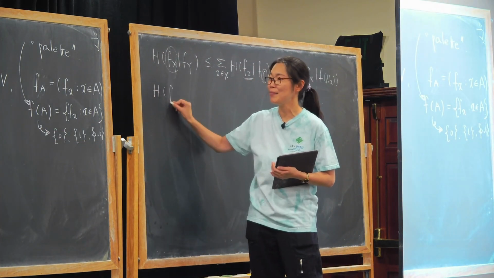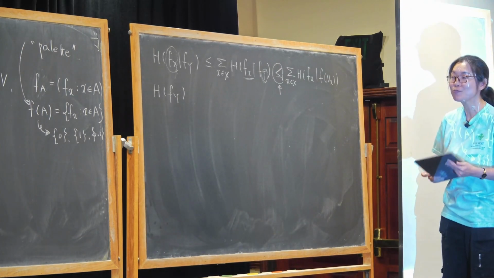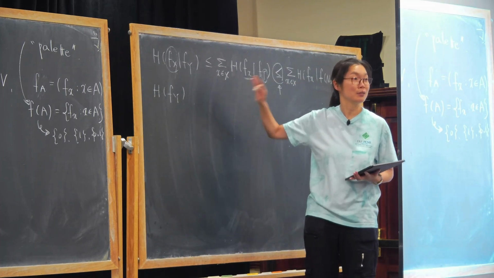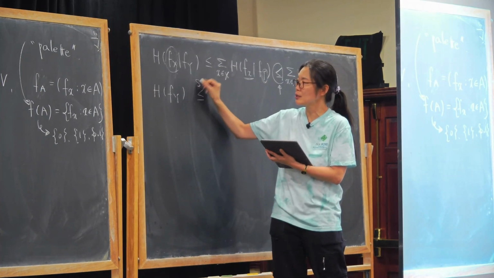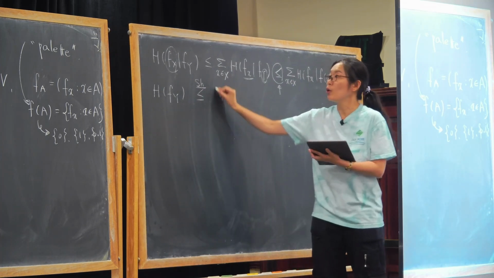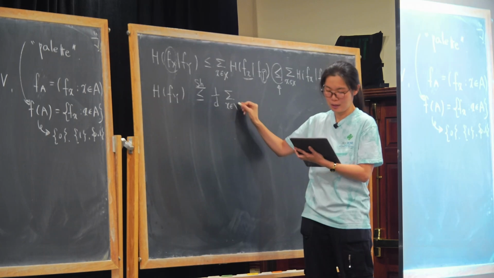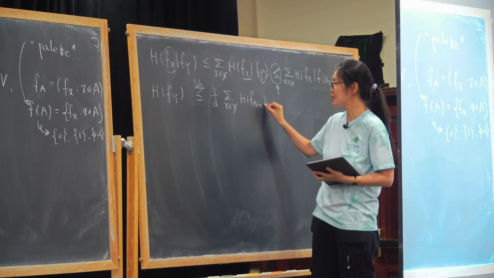So we want to think about the entropy of f of y, and for this one, we'll use Shearer's lemma. Let me just write down the result first, and then let me convince you. So this is at most, using Shearer's lemma, 1 over d times the summation over x in X of the entropy of f of the neighborhood of x.